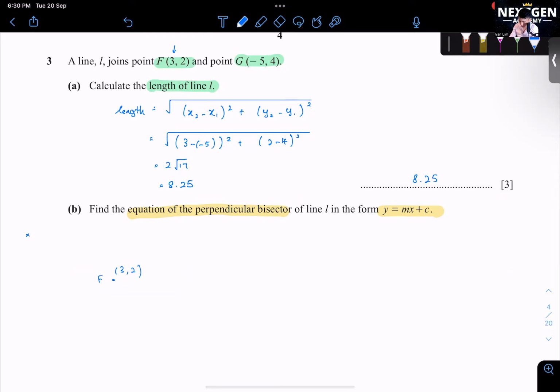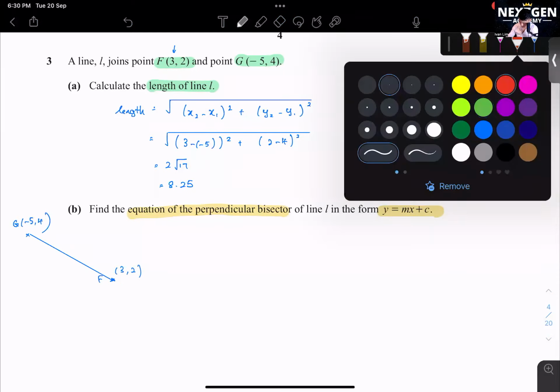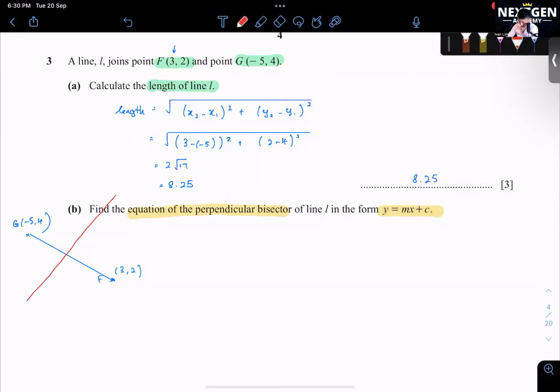I join both of it together. This is a line. Perpendicular bisector means the line that intersects the middle, right in the middle, and then it is 90 degrees to it. This is called your perpendicular bisector.